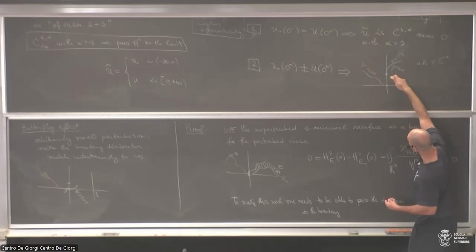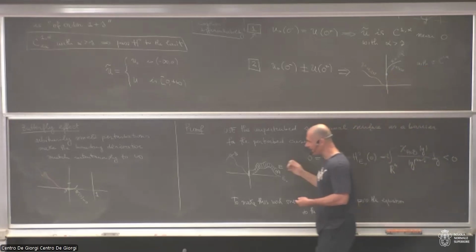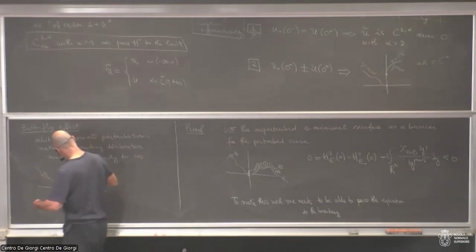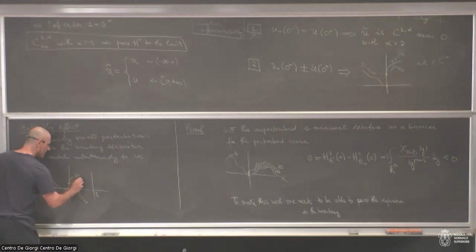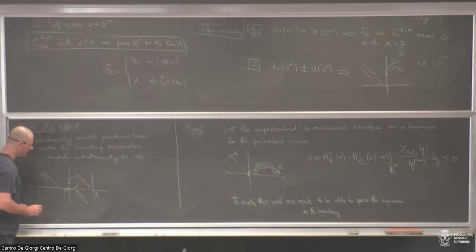So you arrive here with a vertical tangency. So the picture is now this, and now this is u prime of 0 equal to plus infinity. So an arbitrarily small bump makes the derivative switch from 0 to plus infinity. So that's why we called it a butterfly effect.